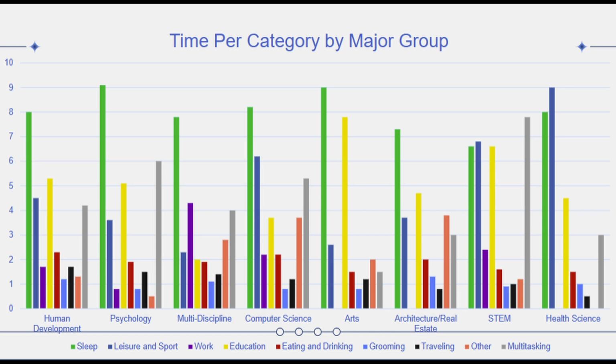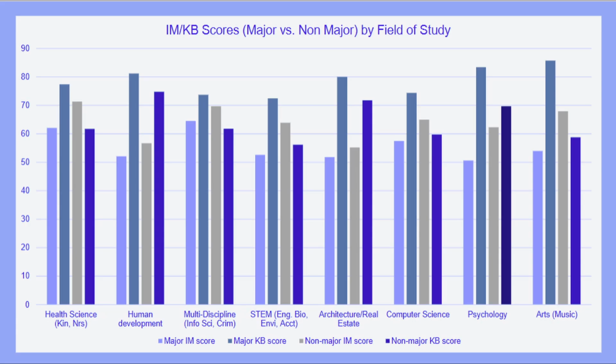We noticed that for human development, architecture/real estate, and psych. We talked about this a bit in class about why that might be, if these are majors that relate to more non-major studies and you're needing that knowledge building in all your classes. So those were our takeaways there.